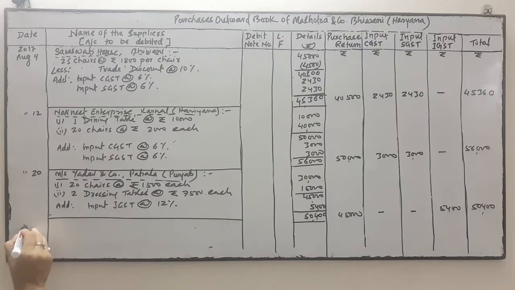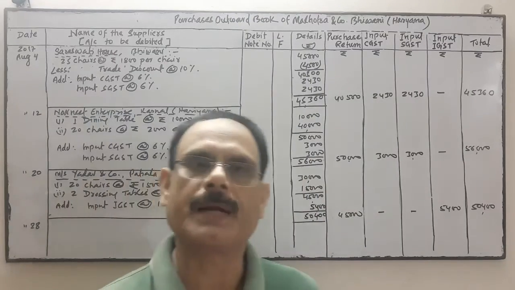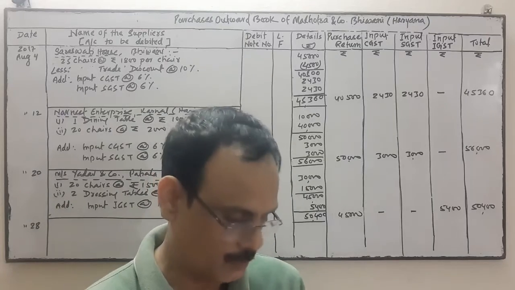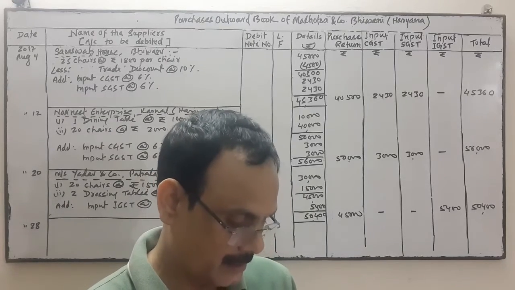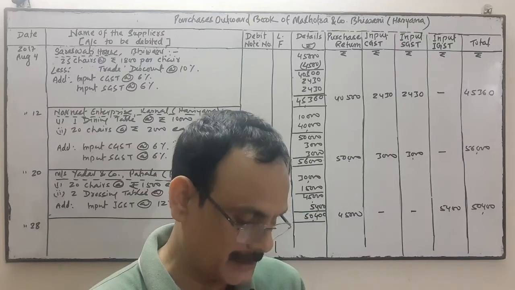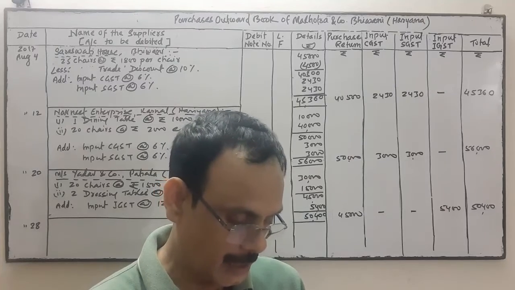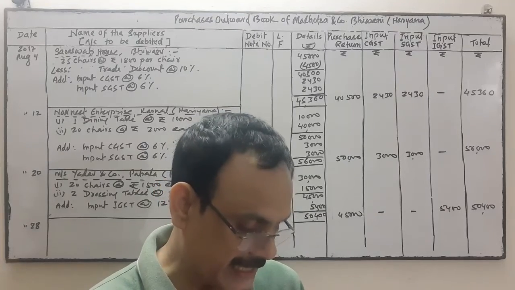Next is on 28th. Allowance claimed from Navneet Enterprise, Ludhiana, Punjab, on account of mistake in invoice.